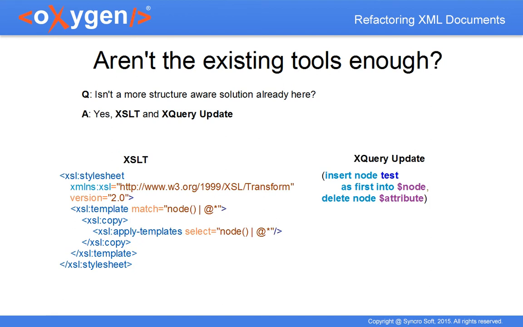Plus, there are some technical annoyances that we will talk about later on. So with XSLT and XQuery, we gain power, but we lose user friendliness and accessibility. The conclusion would be that we need something as powerful as XQuery and XSLT, but as easy to use and simple as a find replace dialog. And thus the XML refactoring tool was born.